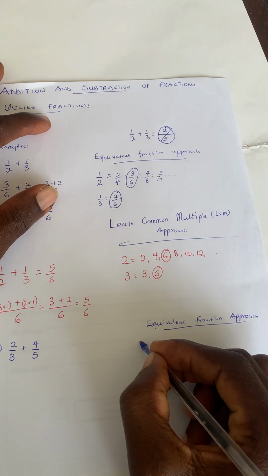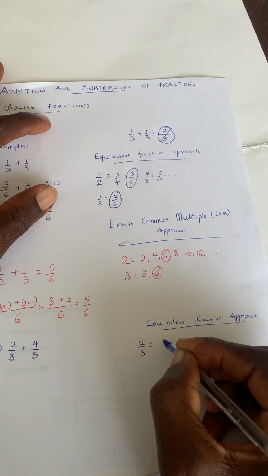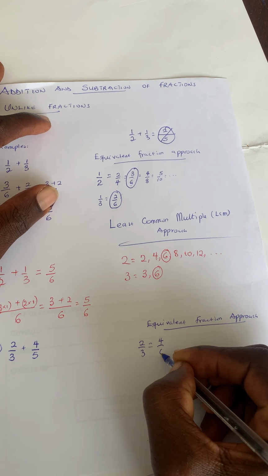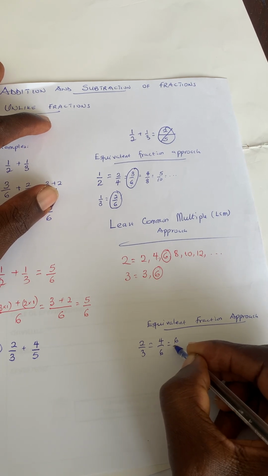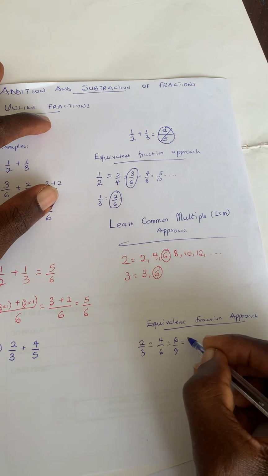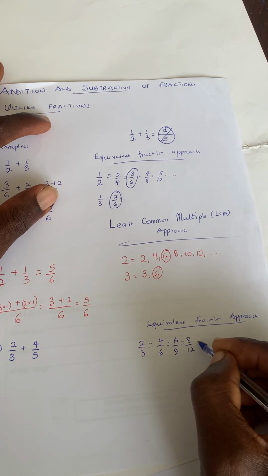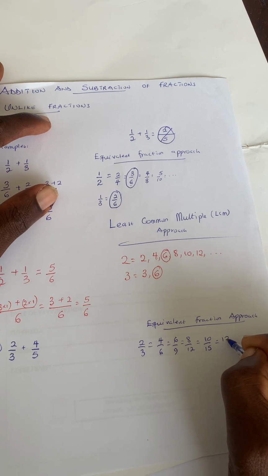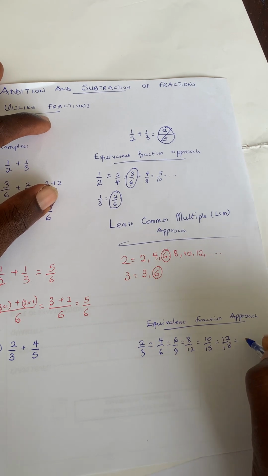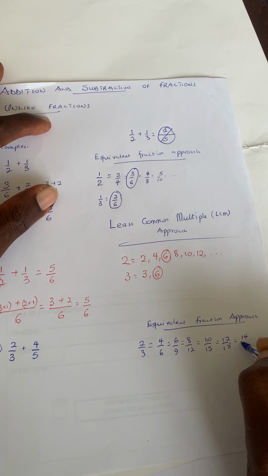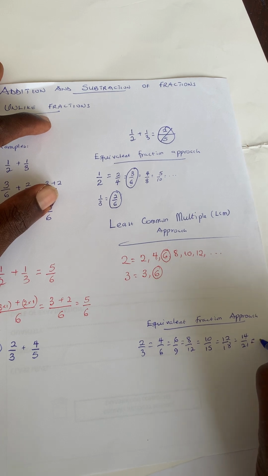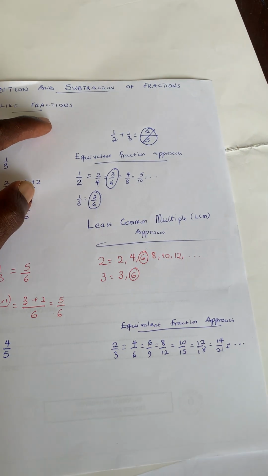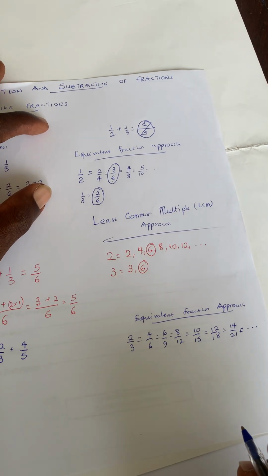So for the equivalent fractions of 2 over 3, you'll get 4 over 6, 6 over 9, 8 over 12, 10 over 15, 12 over 18, 14 over 21, and so on. Then we find the equivalent fractions for 4 over 5.